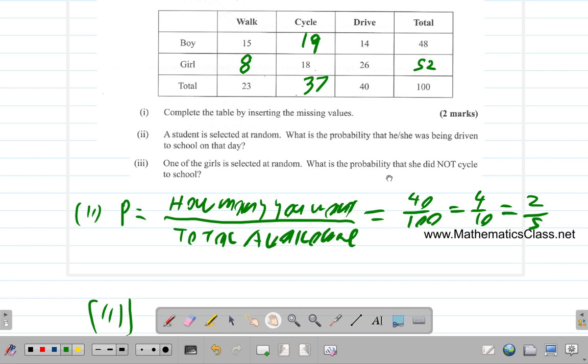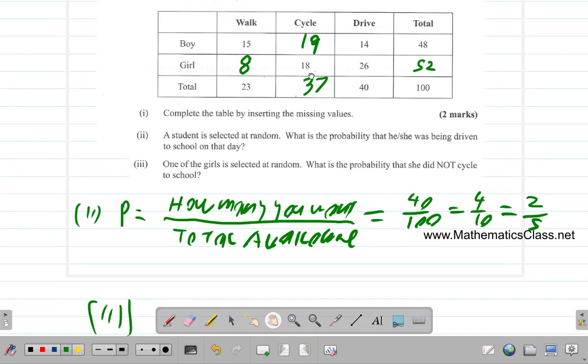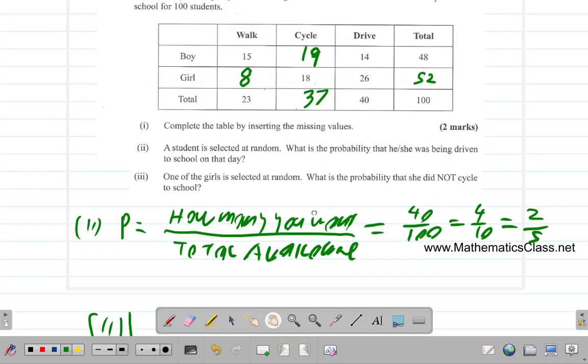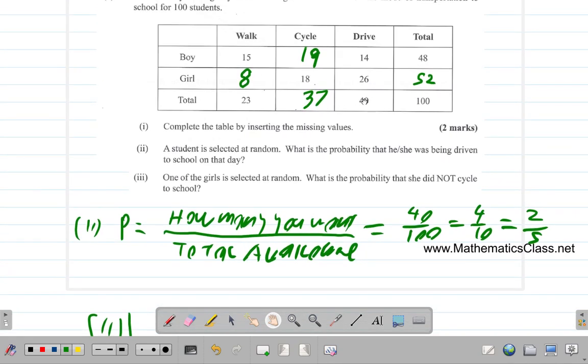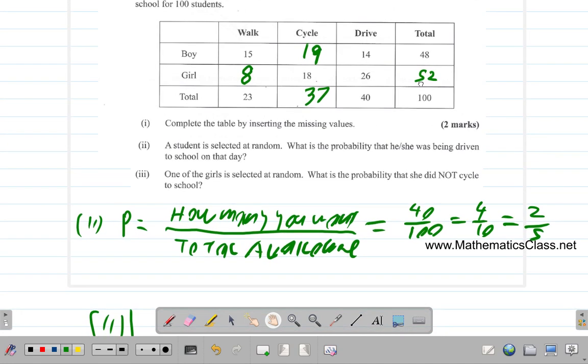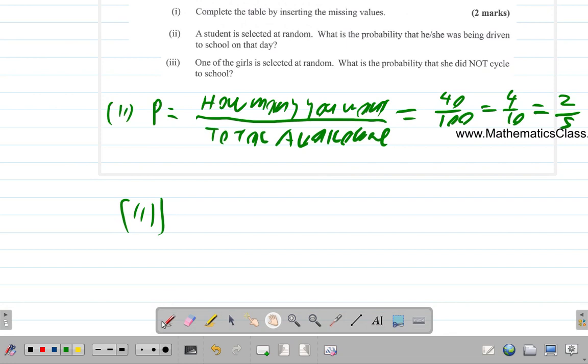The probability that she cycles. How many girls cycle? 18 of them cycle. So 18 girls cycle, and how many girls are there in total? 52. So you have 18 girls who cycle out of 52 girls.